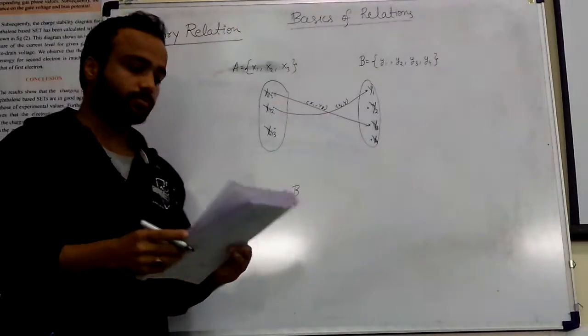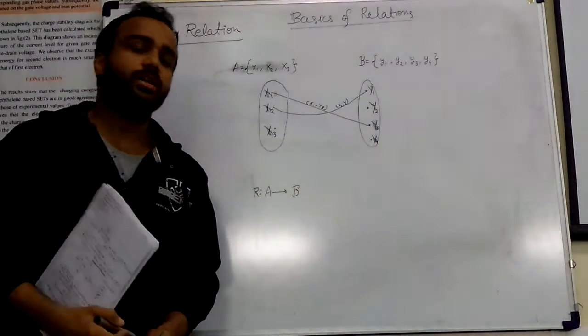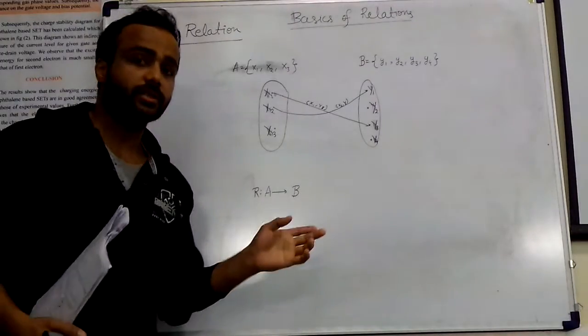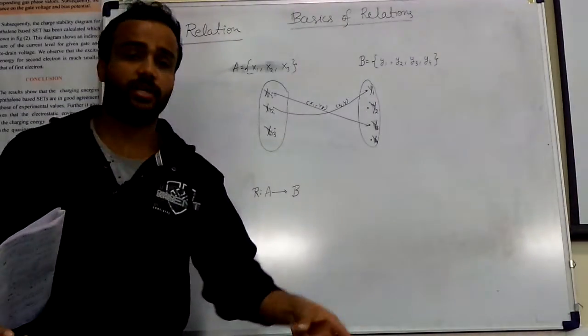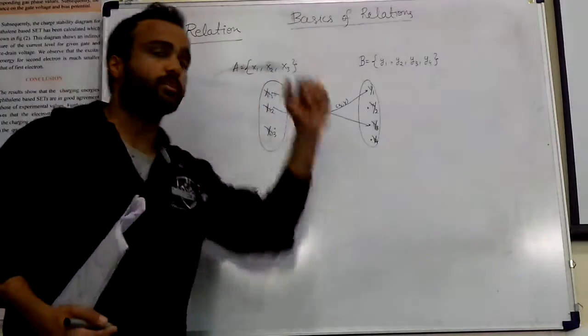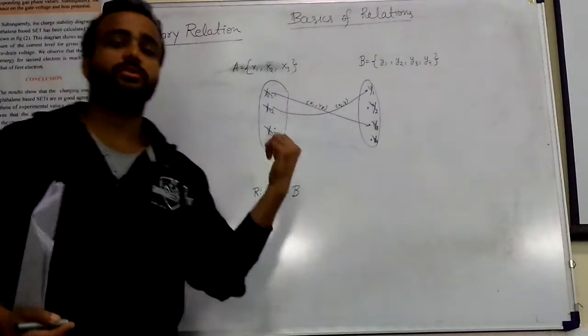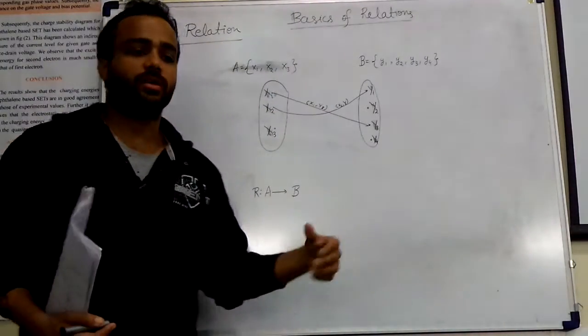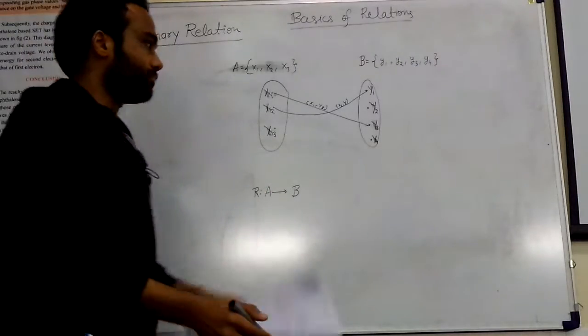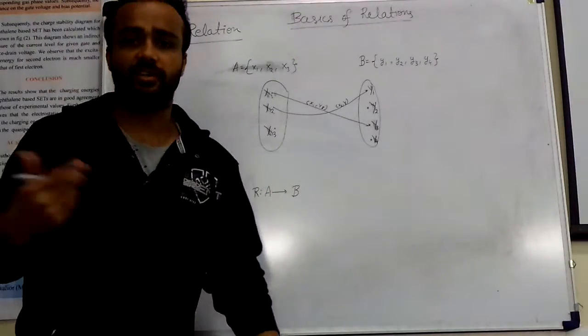Binary relation: association of elements of one set to the elements of another set. There are only two sets here, set A and set B. Association of elements of set A to the elements of set B is a binary relation. I will define it more mathematically later.